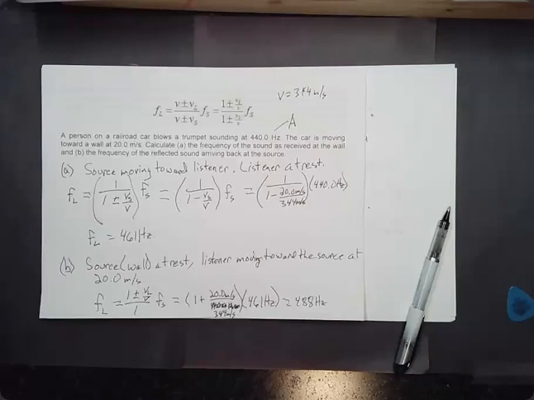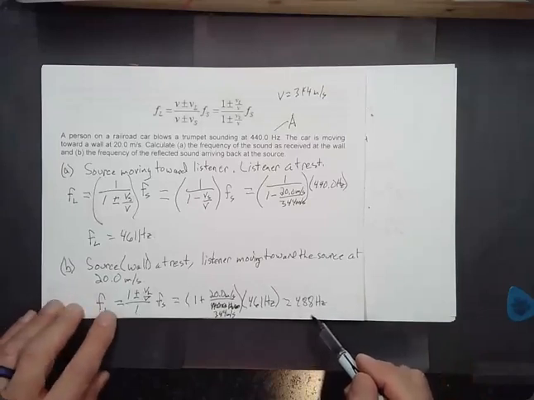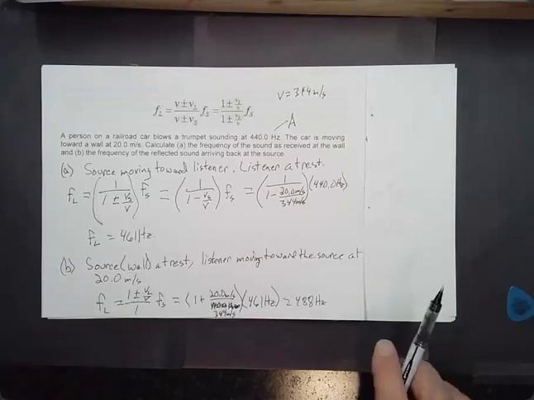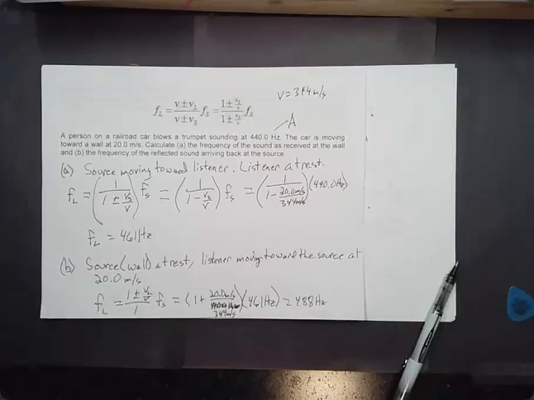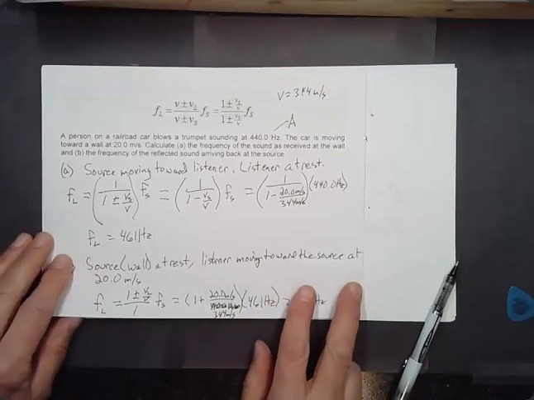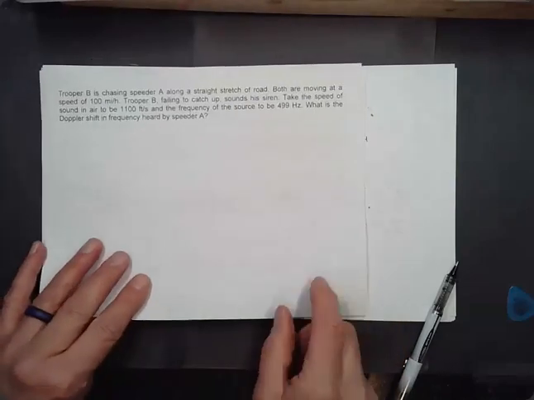Where it would be on the musical scale, bouncing back to the listener on the train, they'd be hearing about a B flat note. So that'd be about the frequency of that. It doesn't matter, but there's our first example anyway. So let's try some more.